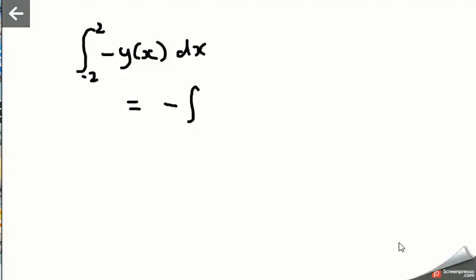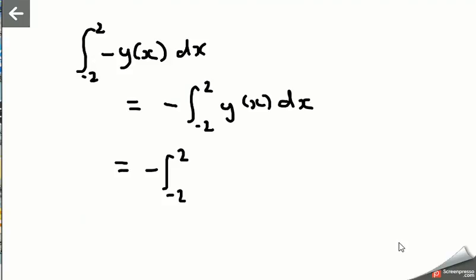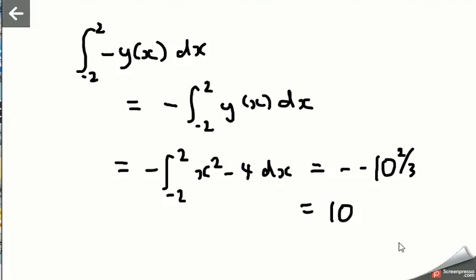So that's negative times the integral from -2 to +2 of x squared minus 4 dx. And that is equal to negative 10 2/3, which is equal to 10 2/3. I should put the units squared because it's area.